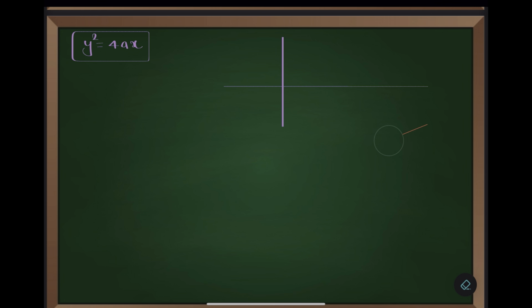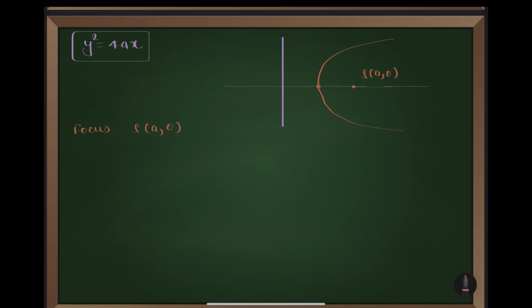So you know that it is focus. Who is focus? We used to call it as S, na. S is a comma 0. So if I ask about focus, you will say, sir, it is a comma 0.